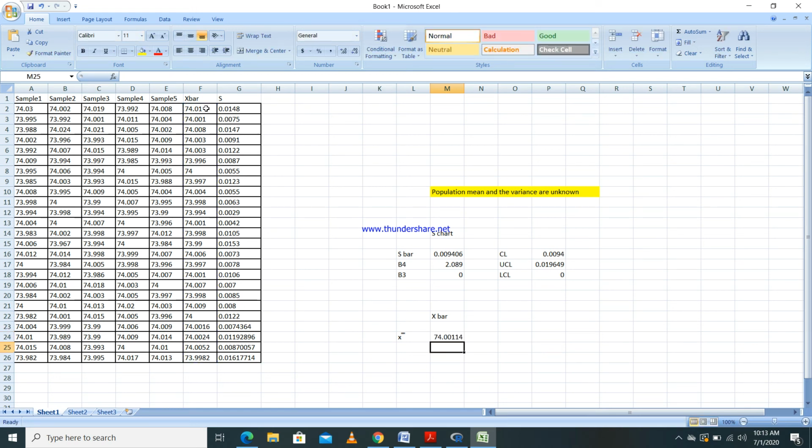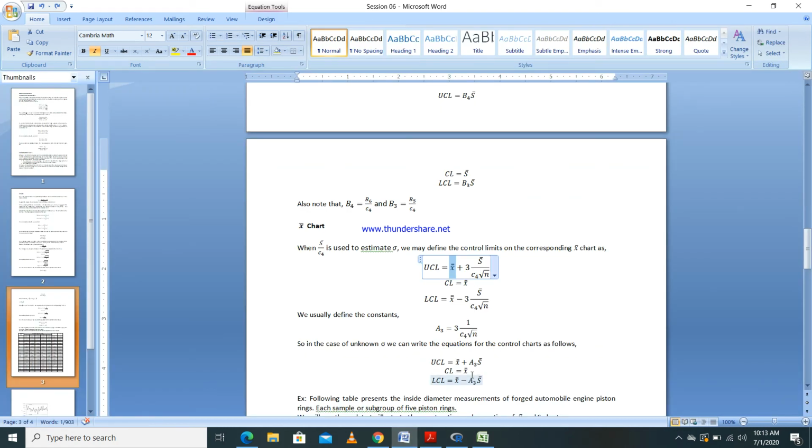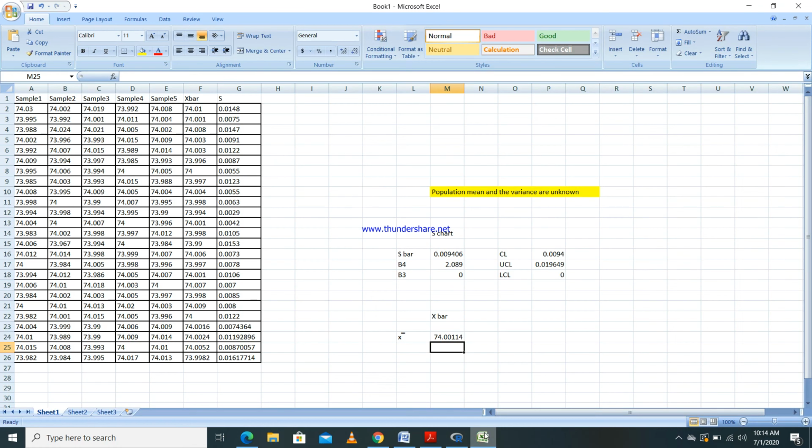If you look at the equations again, when you want to construct the center line, it is equal to x double bar, which we have already calculated. So the center line is equal to x double bar, that is 74.00114.